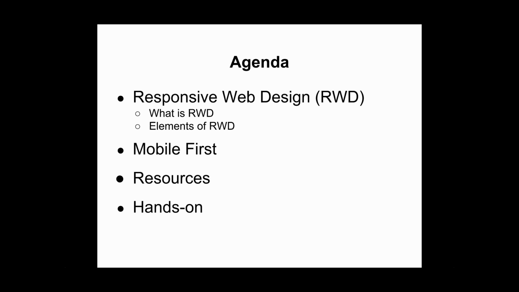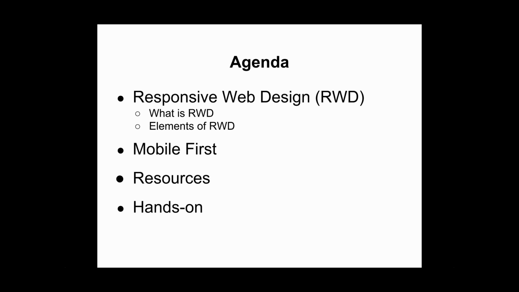Today's quick agenda is going to be about responsive web design, obviously, but we're going to be talking about what it is, what's responsive web design, what are the elements of responsive web design, what is it that it takes to design a website to be responsive. We're going to be talking quickly about mobile first and what that is and how you should be using that as the model when designing a responsive website.